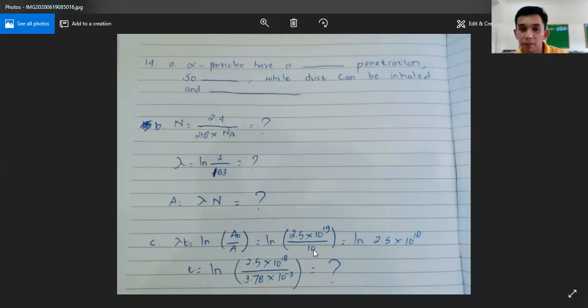Just now, they said 10 becquerels, right? Then you divide, and after that you calculate the natural logarithm. And you will find the time which is safe for us to re-enter the room.